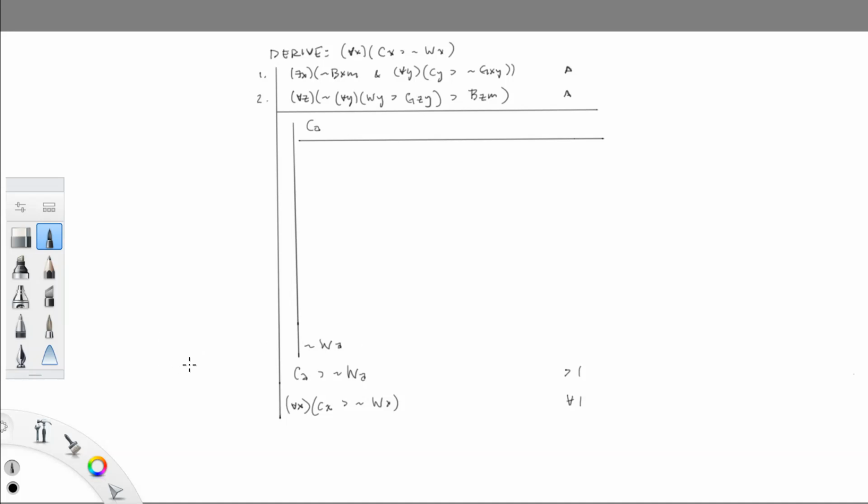Okay, that's a perfectly reasonable strategy, but that's not the strategy we're going to follow in this proof.